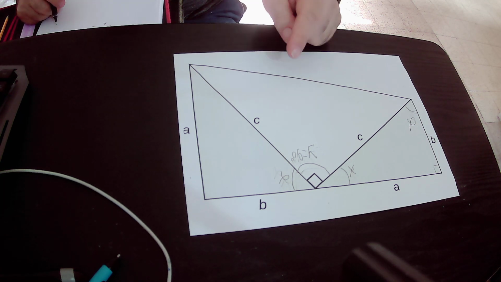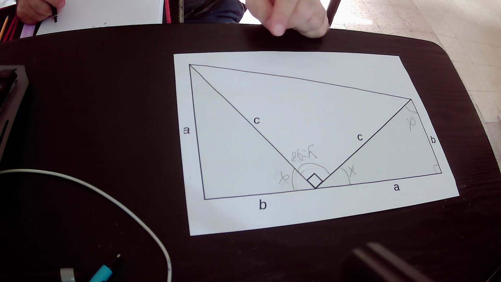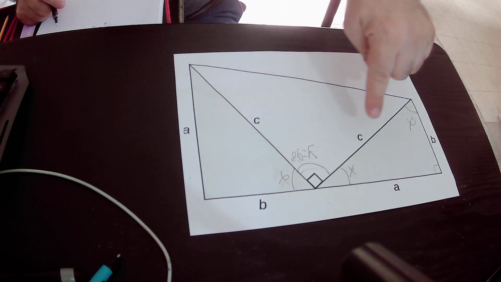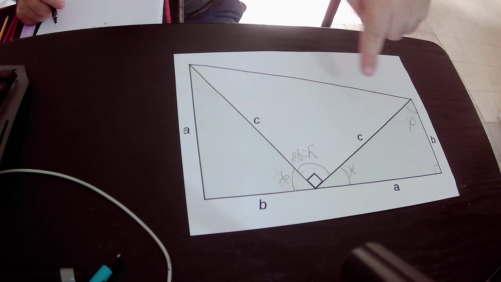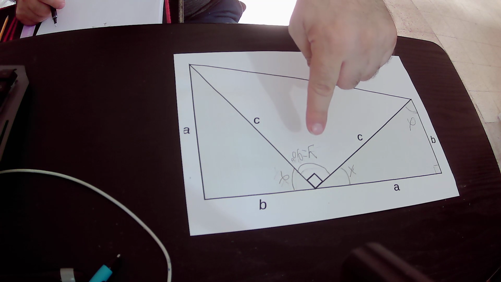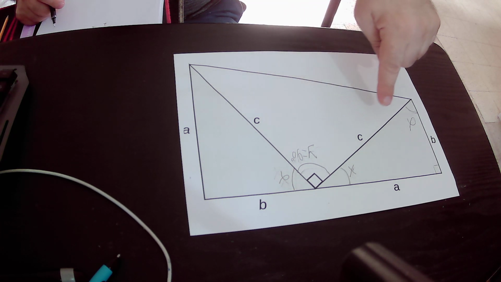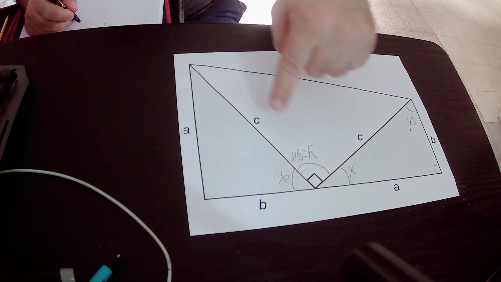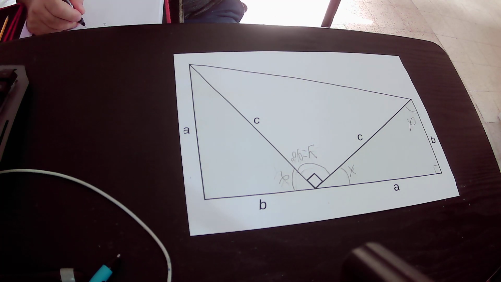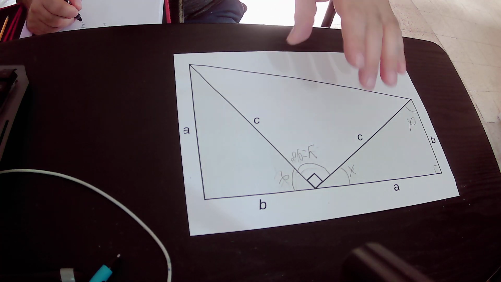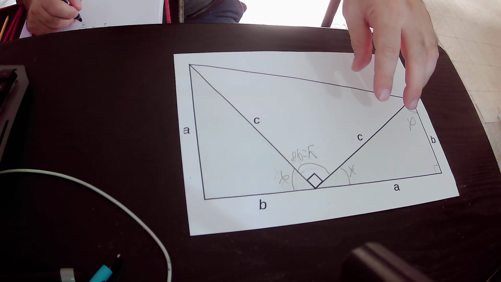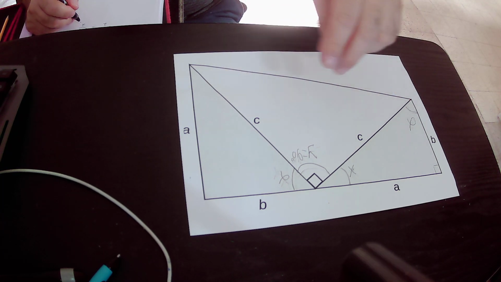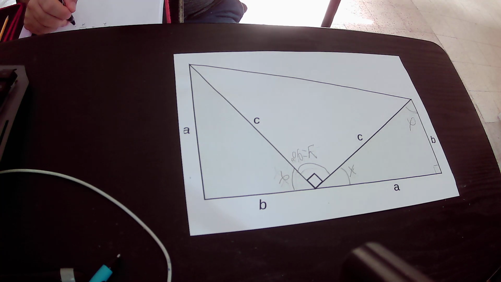And the area of the middle triangle is the same formula, the base of the triangle times the height to the base divided by 2. The base of the triangle is C, times the height to the base, also C, all divided by 2. So the area of this triangle is C times C divided by 2, or C squared divided by 2.